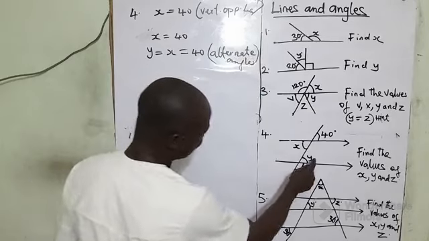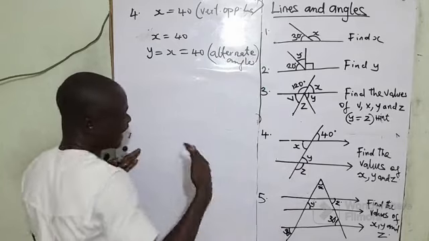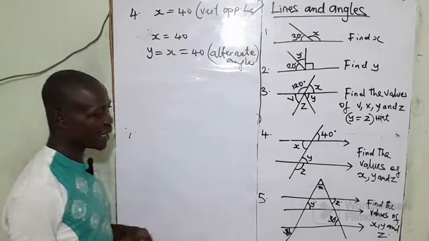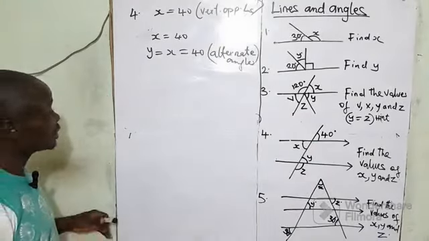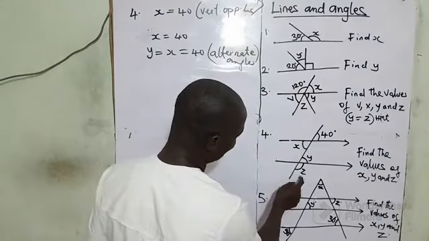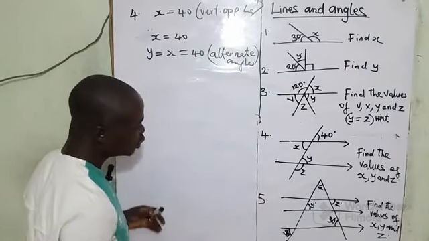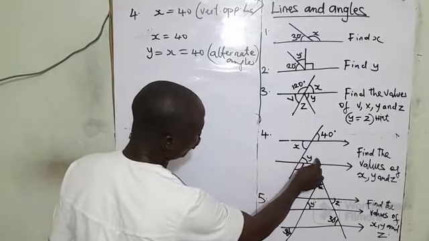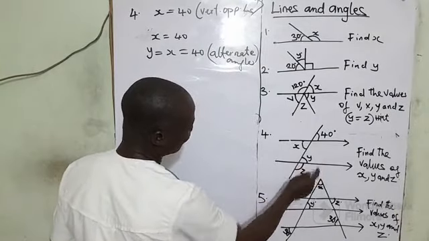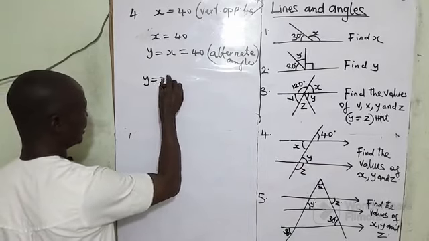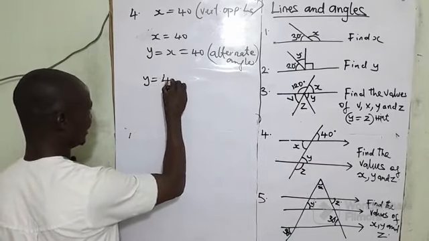Then coming to z, how do we solve z? We already recalled that y is 40 degrees. We can see that this angle y is vertically opposite to this angle, so that means that here is equally 40 degrees.